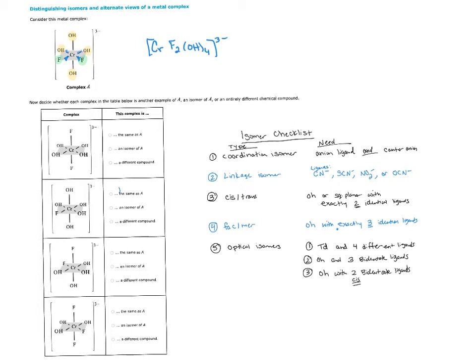We could name this, and I'm going to name this because this is good practice. This is not necessary for your ALEKS workshop. I know in the name, we name the ligands first in alphabetical order. So we have fluoro and hydroxo, A, B, C, D, E, F. So fluoro goes first, and we've got 2 of them.